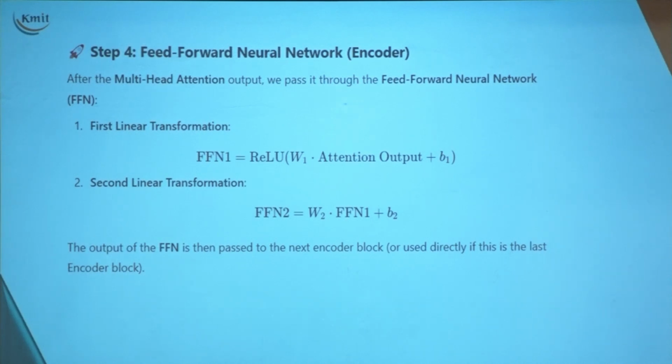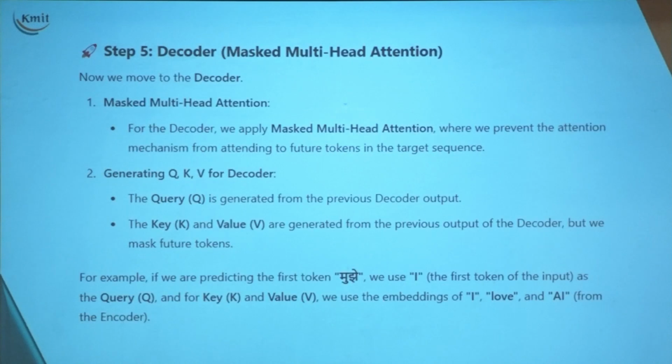Are you getting it? The MHA output is given to FFN1: W into the MHA output plus B. Secondly, I have FFN2, which is FFN1 into weights plus B. So with this I will be done with the encoder block.